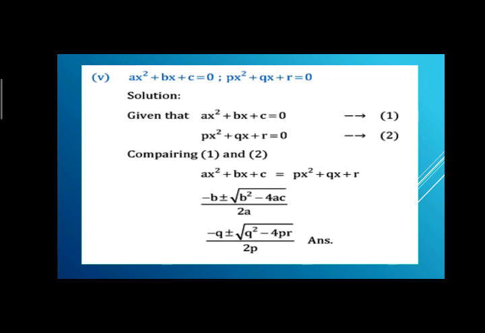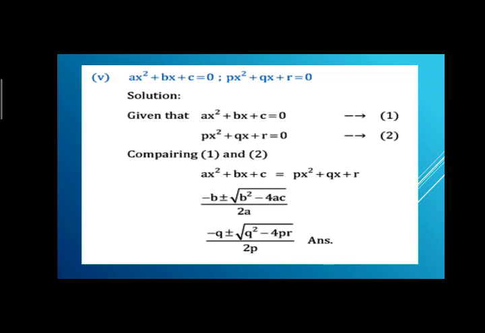So here a is equal to p, b is equal to q and c is equal to r. Now put the values of a, b, c in the quadratic formula, then the expression becomes minus q plus minus under root q square minus 4pr, divided by 2p. Now both of these equations are as they are. Here you see there is no value of x present in this equation, so it means we easily eliminate x by using the formula method.